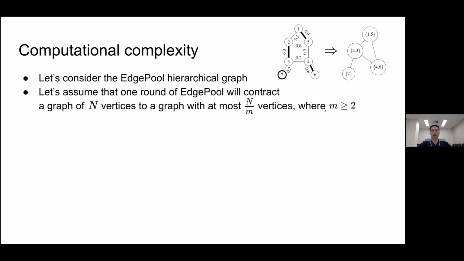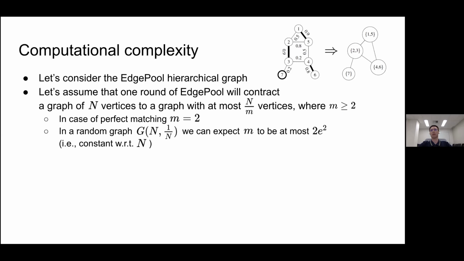So it's contracting by a factor of m, and it's exactly m if it's a perfect matching, and it's going to be a little bit more if it's not, but even for a random graph n1 over n is bounded by a constant, so we can assume that there exists a constant m for which this holds, for these at least random graphs.